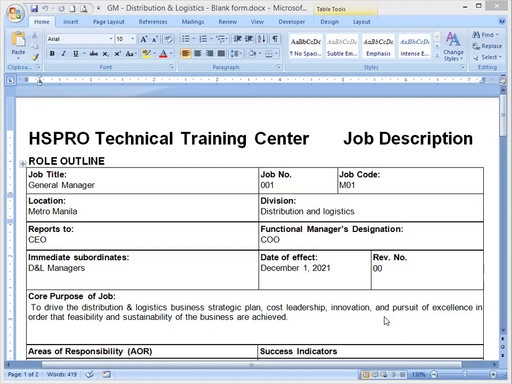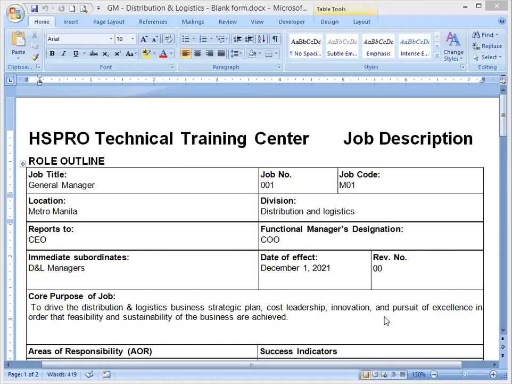As promised in my previous video on writing a job description for a general manager in distribution and logistics, as a preview, I said this job description was based on the Hay method standard and one of the requirements in doing the job evaluation.